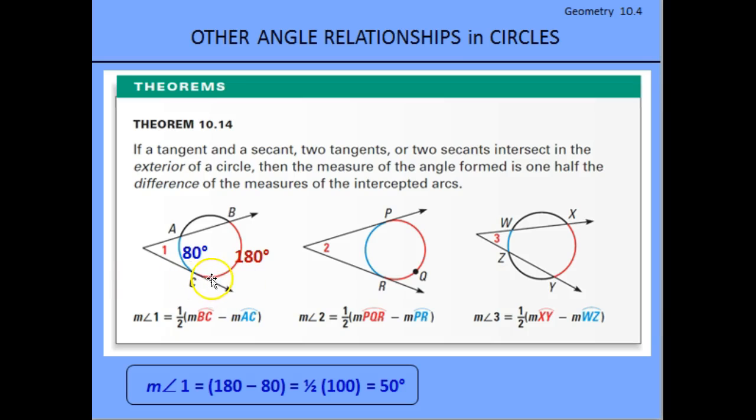We're going to take the major arc of 180 degrees and the minor arc of 80 degrees, and subtract, to get 100 degrees. We're going to take half of that, and we know that the measure of angle 1 is 50 degrees. It doesn't matter if it's tangents, secants, or one of each. That's the process. So it becomes very simple.